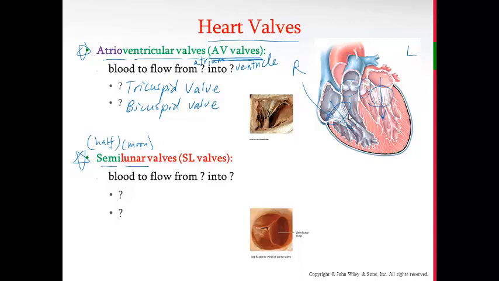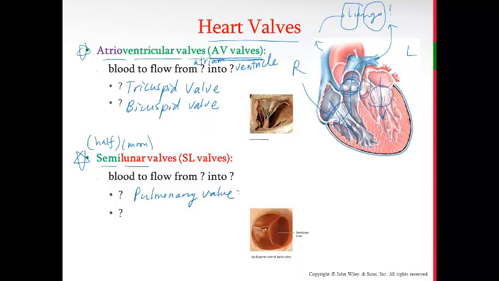Now, how they're named is really based on where the blood is going to lead into. For instance, from the right atrium to the right ventricle, blood eventually has to go through this area, through the valve, and to the lungs. This is my version of the lungs, not the best looking one, but they're the lungs. So we call this valve the pulmonary valve.